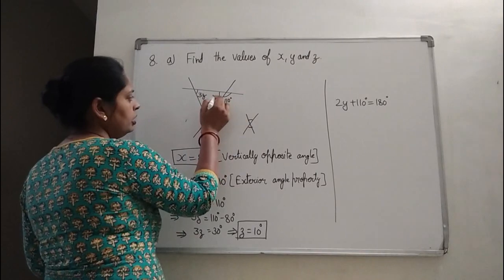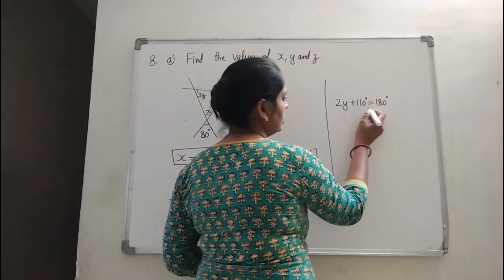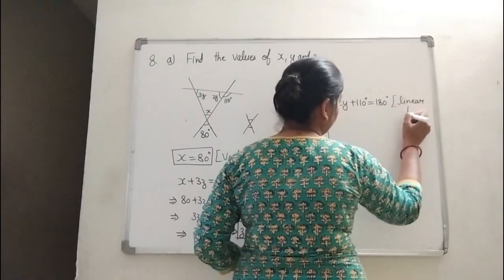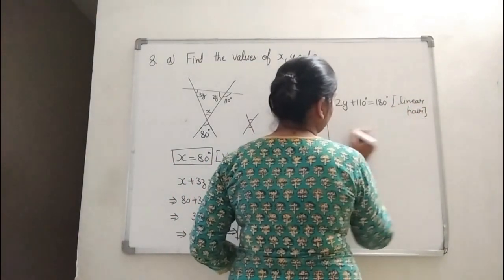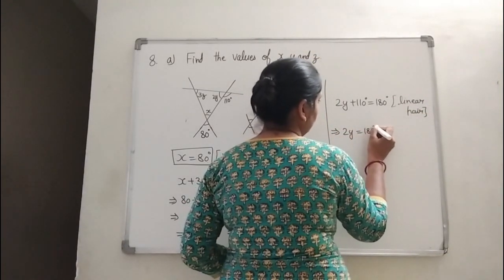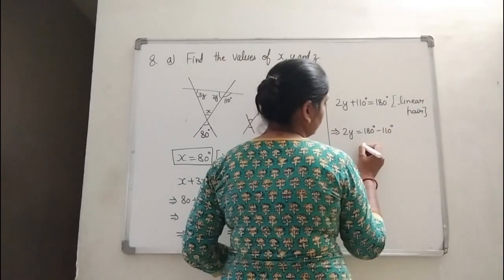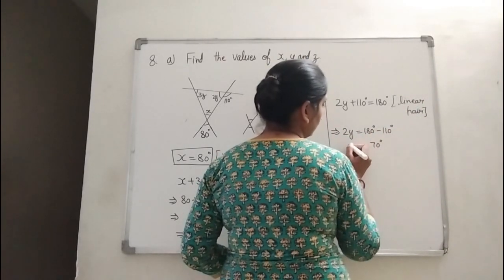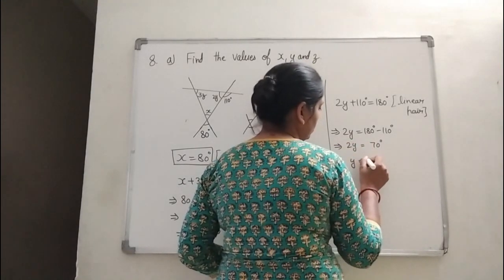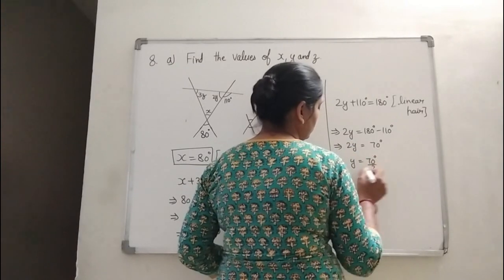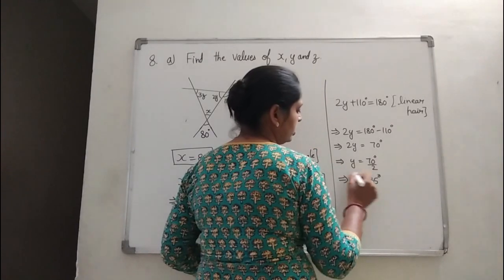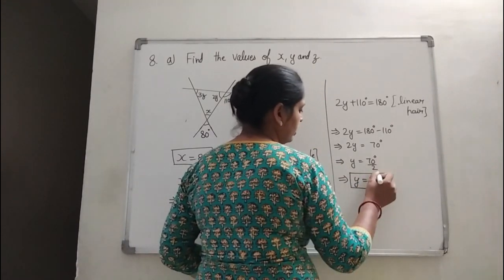Reason is linear pair, which implies 2y is equal to 180 degrees minus 110 degrees, that is 70 degrees. 2y is equal to 70 degrees, which implies y is equal to 70 degrees divided by 2, which implies y is equal to 35 degrees. Hence we have calculated the value of y also.